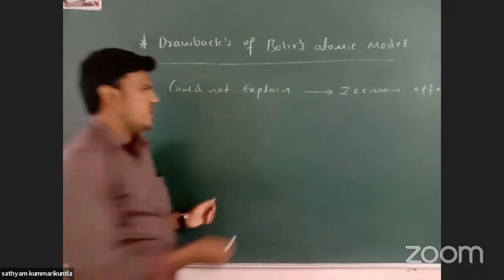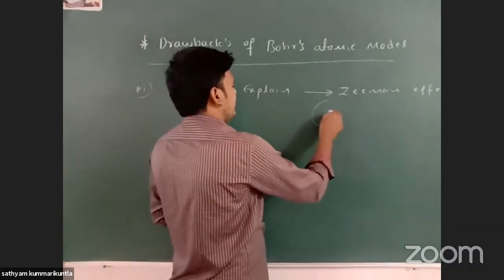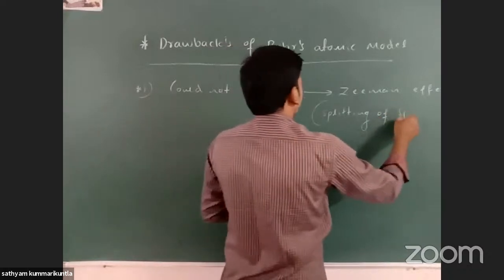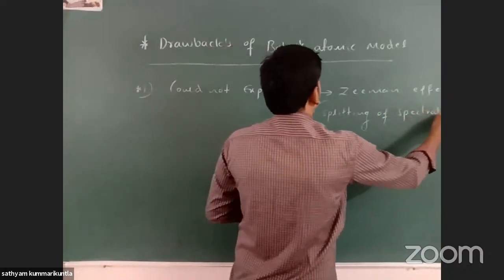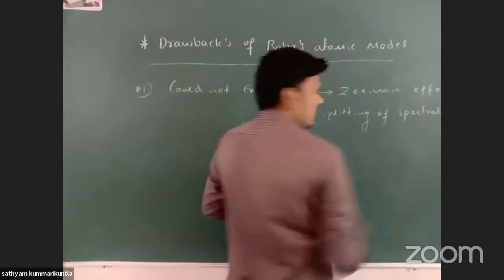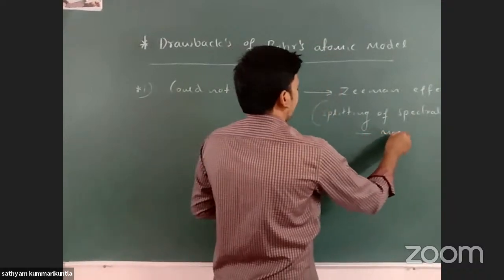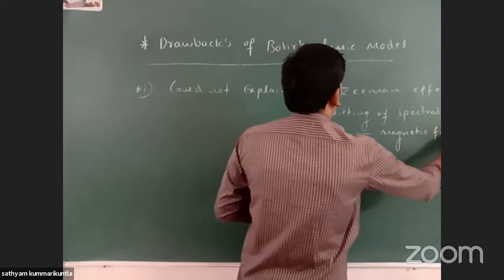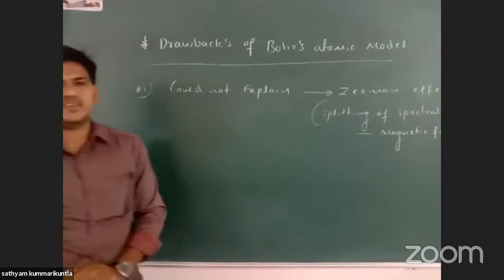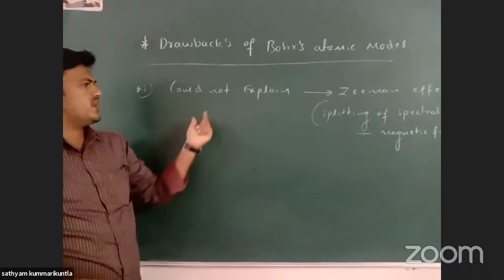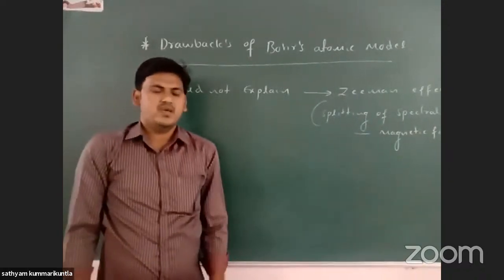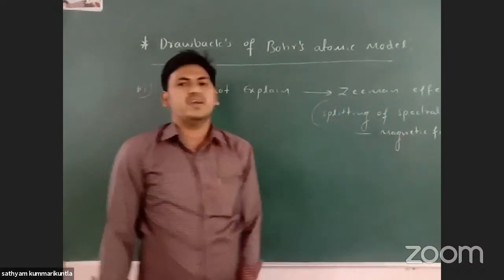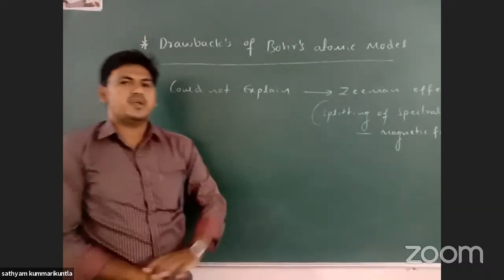Very simple: splitting of spectral lines in the presence of a magnetic field is called the Zeeman effect. So this is the first drawback of Bohr's atomic model.